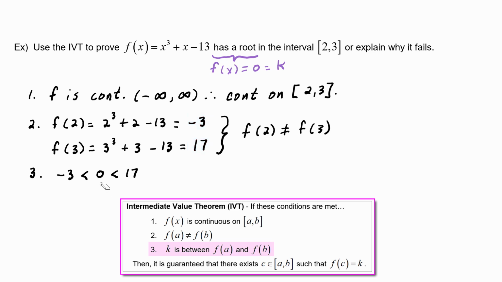That shows that 0 is between these two. Or you could say 0 is between negative 3 and 17. So you can write it using symbols, or you can write it out as a sentence. So that satisfies step 3.